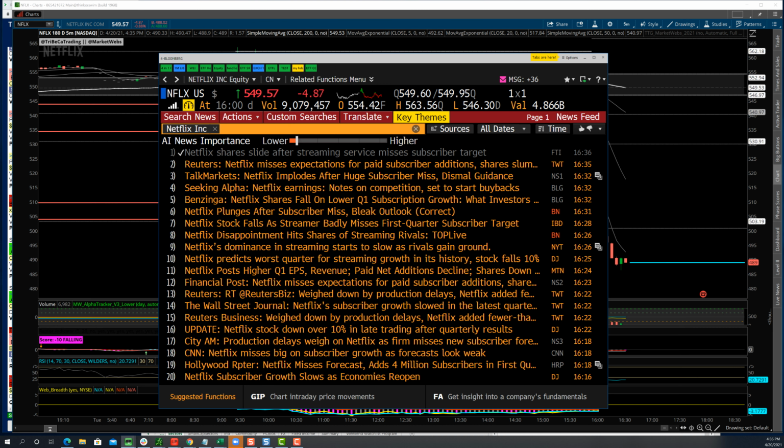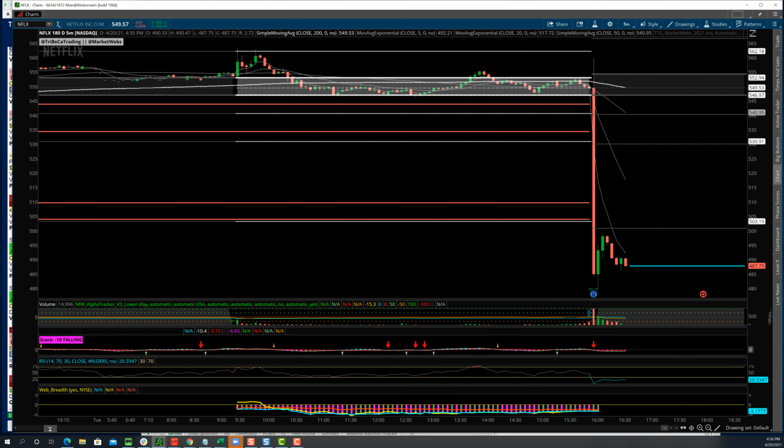The option flow that you see in a name leading up to earnings, sometimes they're right, sometimes they're wrong. People love option activity. They're like, oh, there was an aggressive call buyer in Netflix. Well, ask yourself this. With all the aggressive flow that we've seen in Netflix the last couple of days, why is it down? Because they don't always know. So learn from that a little bit.